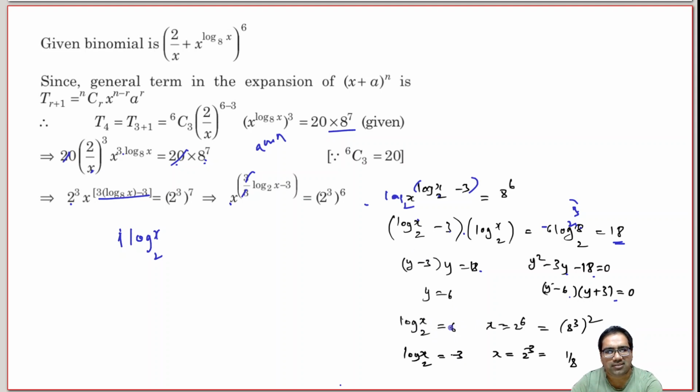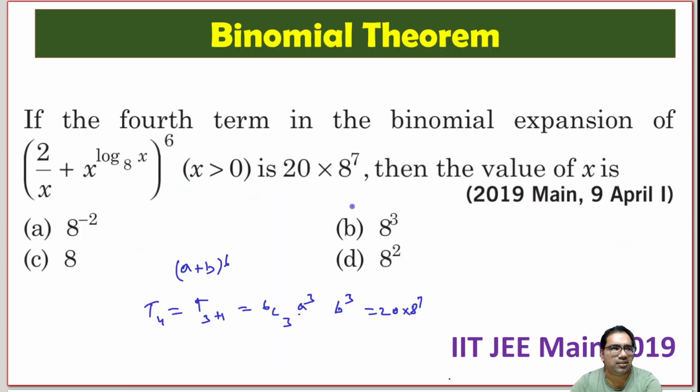When it is 6, x is equal to 2^6, which is nothing but 8, which is nothing but (2^3)^2, which is nothing but 8^2. So x can be 8^2 or x can be 2^(−3), which is nothing but 1/8. So both are valid solutions. So x can be 8^2 or 8^(−1).